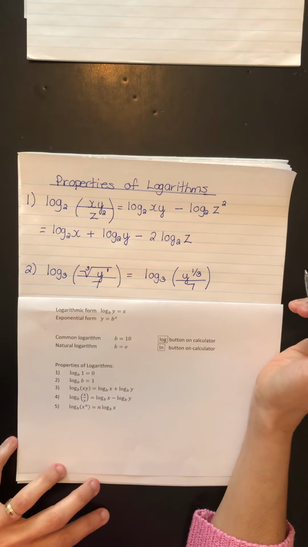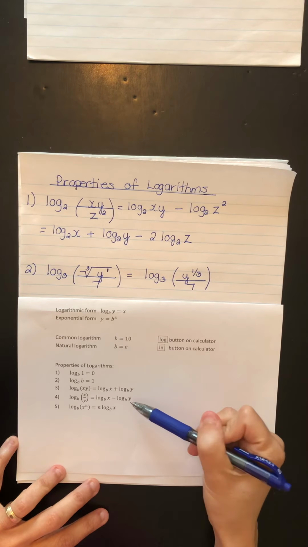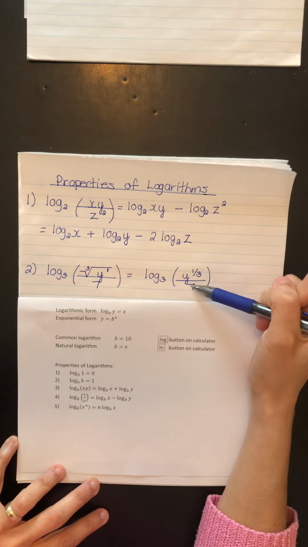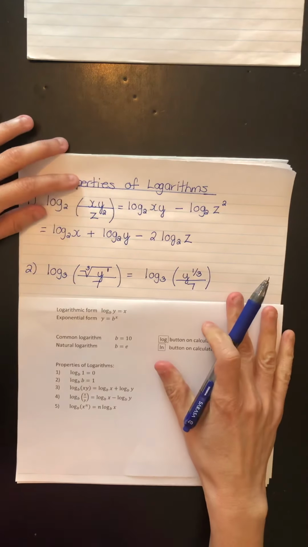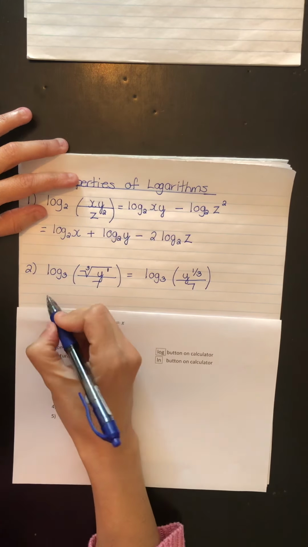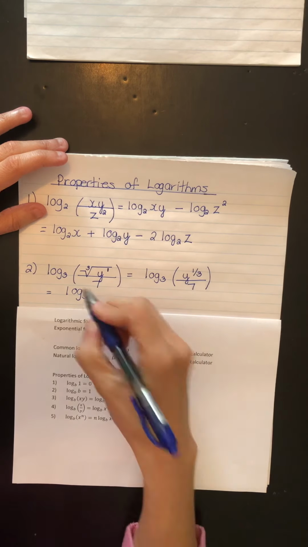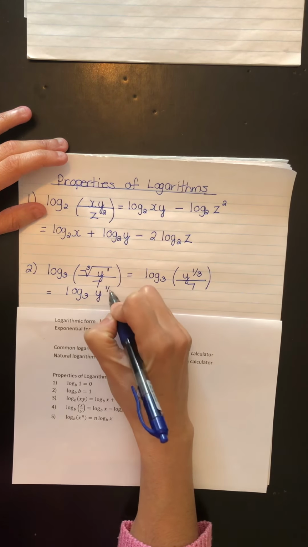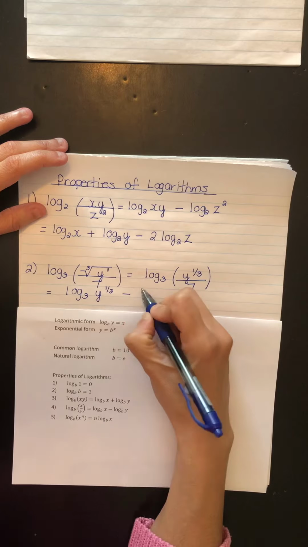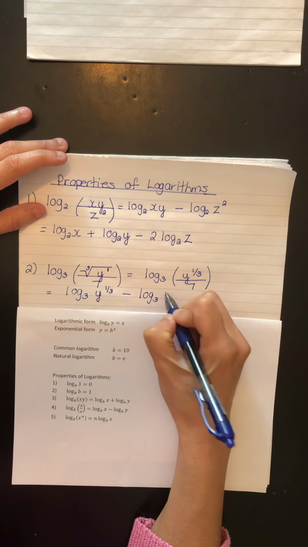From there, we're going to use property 4 because we do have a quotient. So this will become the log of y to the 1/3 minus the log of 7.